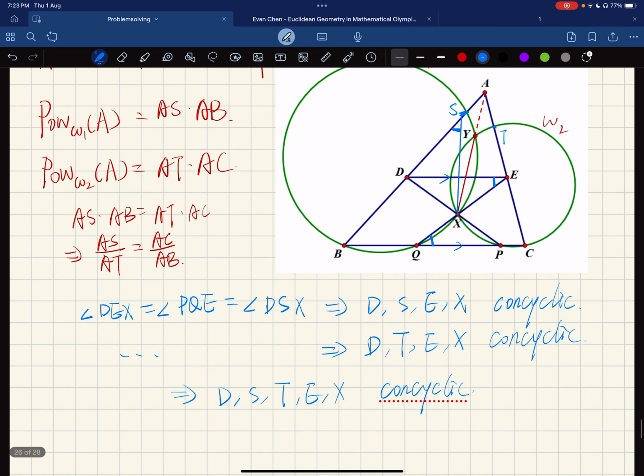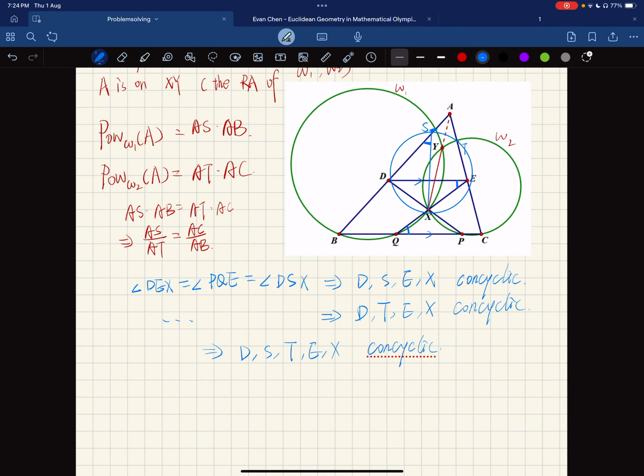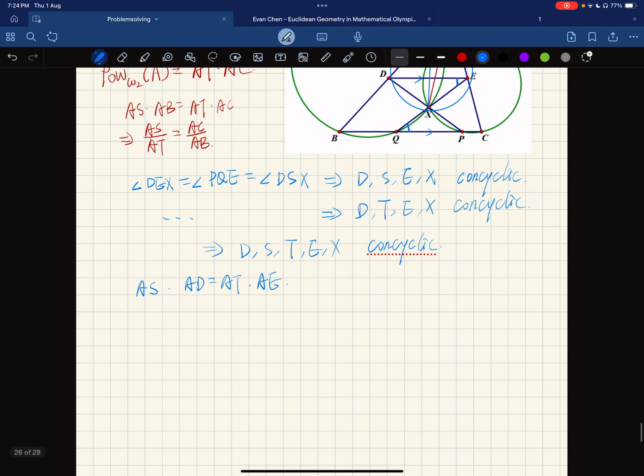So that's what we've got. If we draw out the circle, not accurate, there exists a circle passing through the 5 points. Then what can we have? We can have the power of A to this circle: AS times AD equals AT times AE.